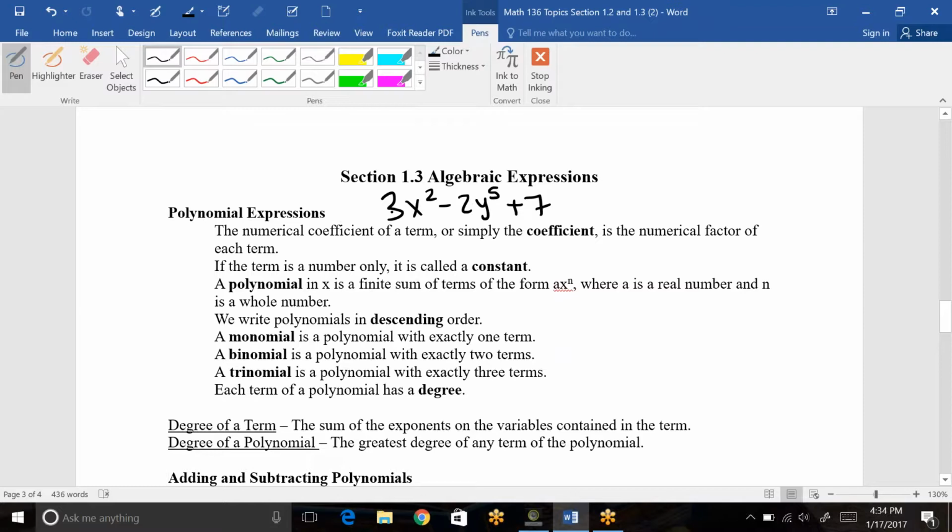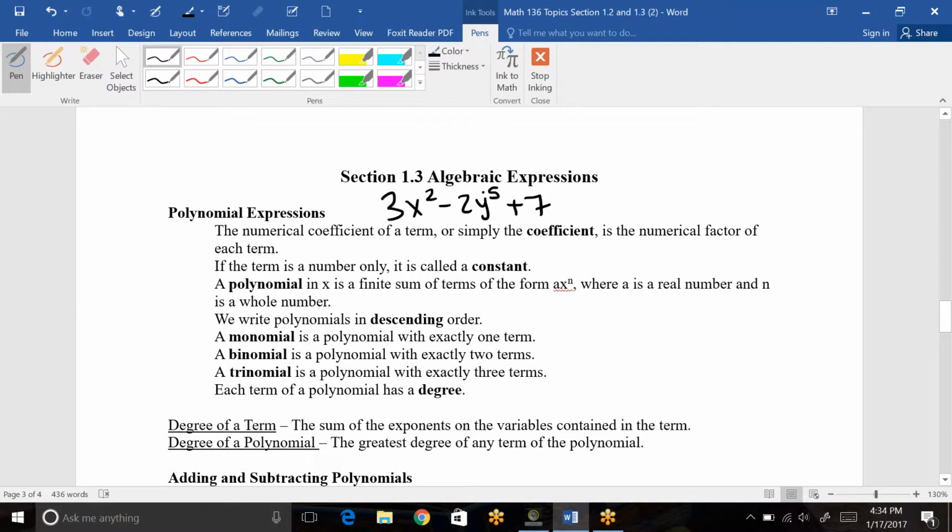The numerical coefficient of each term is the number in front of the variable part, and it is called a coefficient. If you have just a number, like this 7, that's called a constant. This is a polynomial because it's a bunch of numbers and letters connected together, possibly with exponents, by addition or subtraction. We write them in descending order, so this is actually not in descending order. If you want to do this in descending order, we would want the highest power to go first.